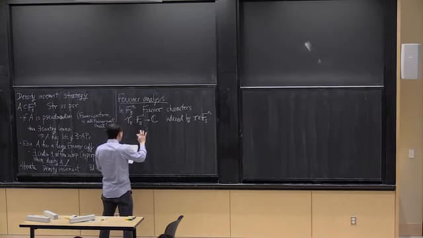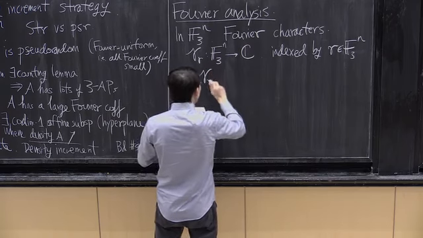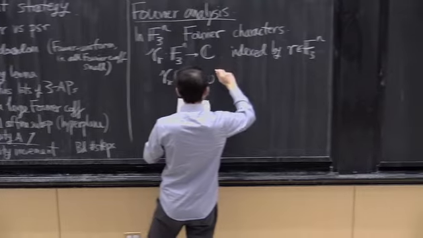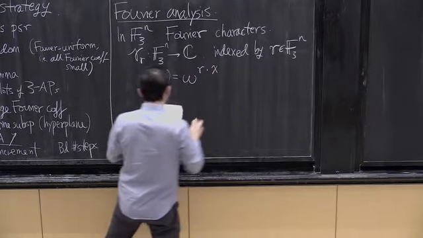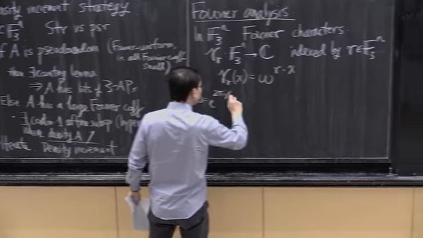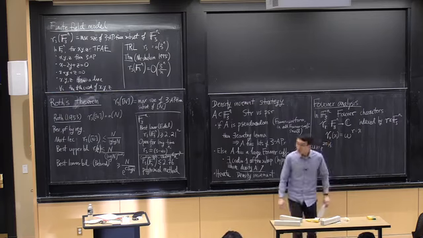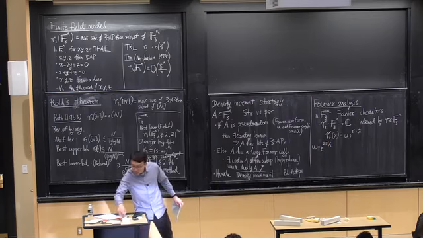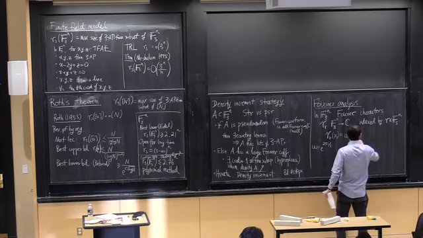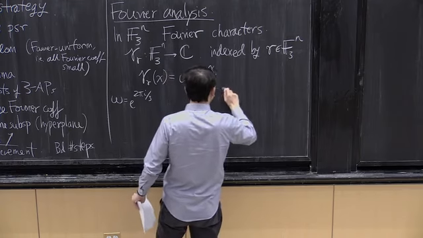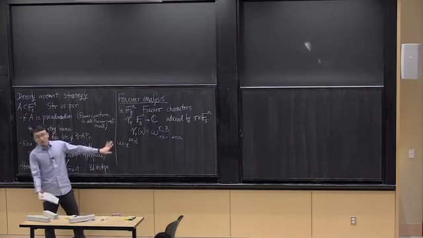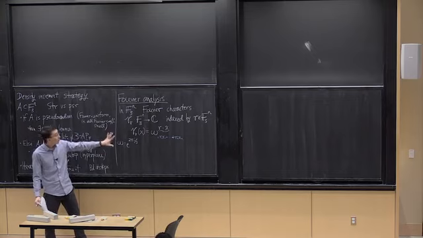There are ways to do this more abstractly, but I'll be fairly concrete. So it's defined by gamma sub r evaluated on x equals omega raised to r dot x, where here omega is a third root of unity, and the dot is a dot product. So that's the definition of the Fourier characters.